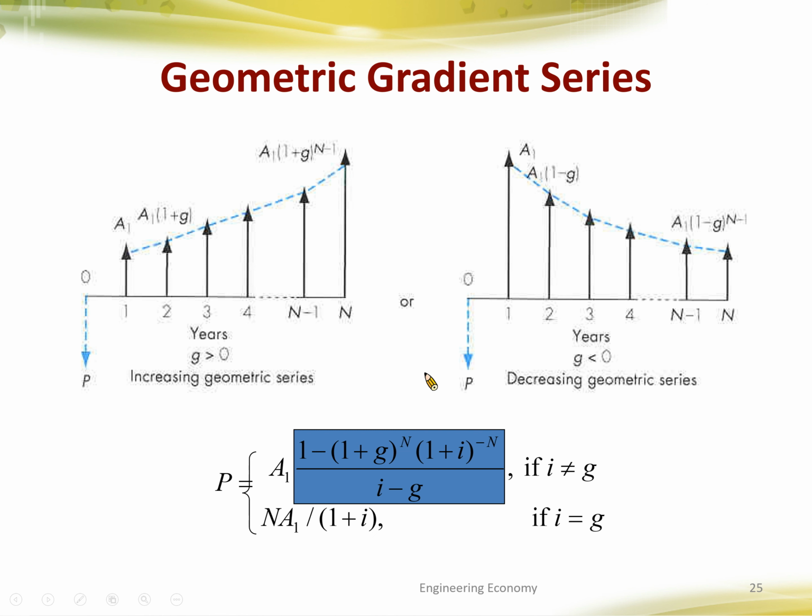If G is negative, the value goes down, so they go in different directions. It doesn't matter which one, as long as G is the increase rate.